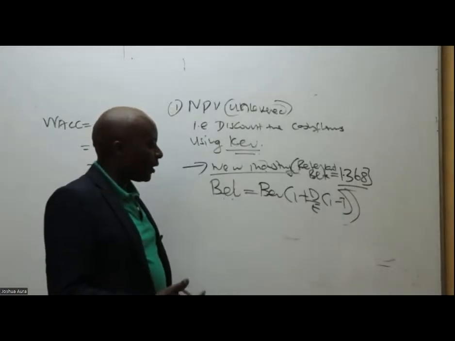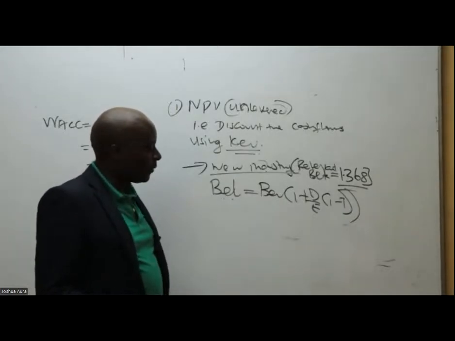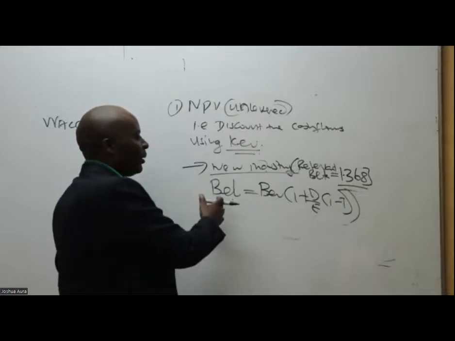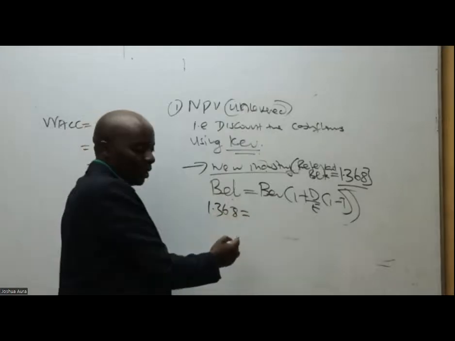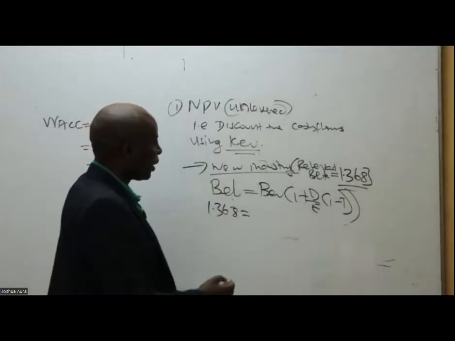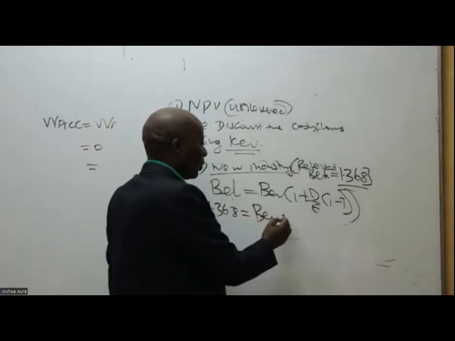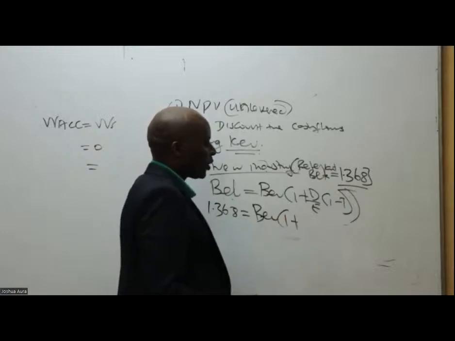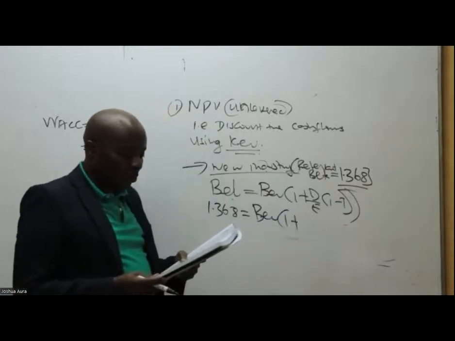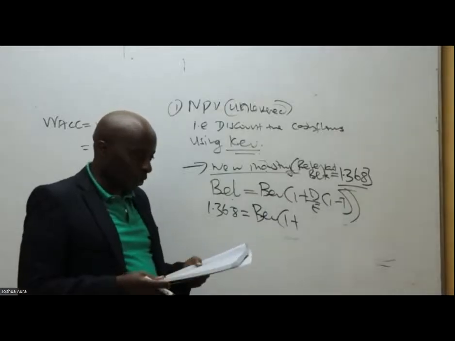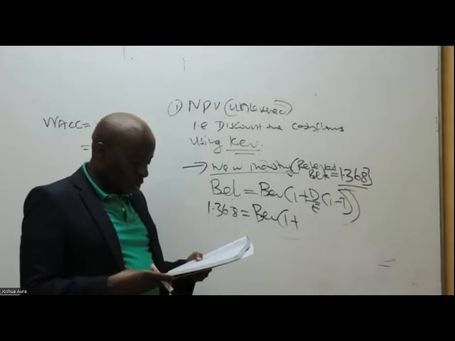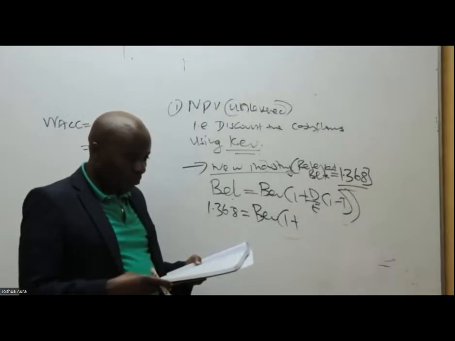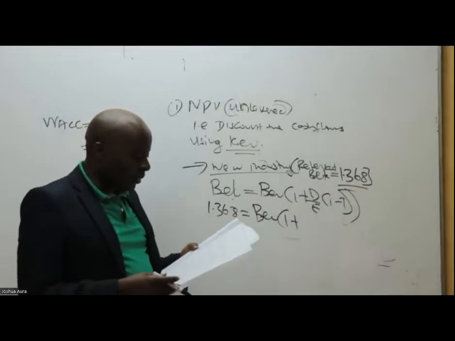So go ahead and give us the beta unlevered now. We already have the beta levered, which is 1.368, which equals the beta we are looking for times 1 plus, are you able to see the debt to equity ratio of the new industry? All right, they're telling me it's 1.5.